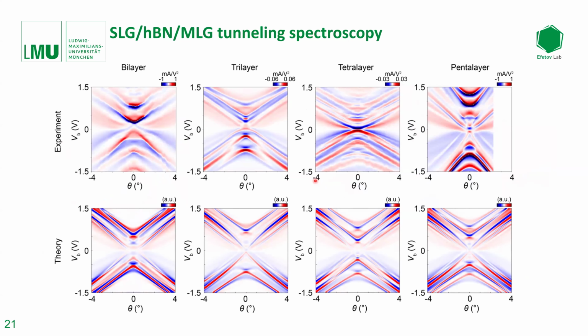And so here you can see that this principle of analyzing these onset and nesting conditions can be translated more generally into probing multi-layers. Those are again tunneling measurements into bilayer, trilayer, tetralayer, and pentalayer graphene. In this case, it's all AB stacking, not rhombohedral stacking. But as you can see, here we get more complicated spectra.